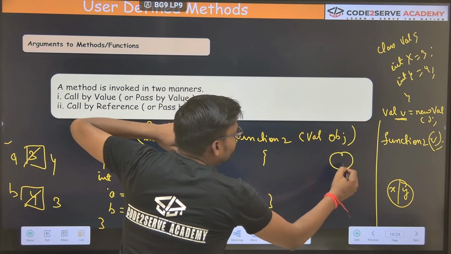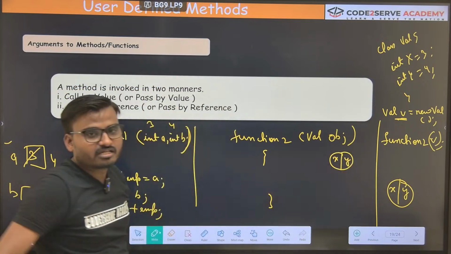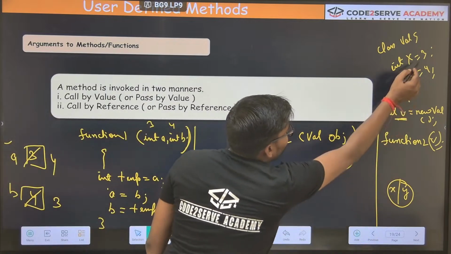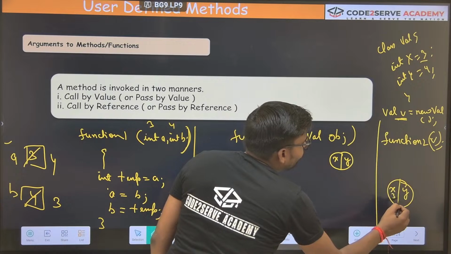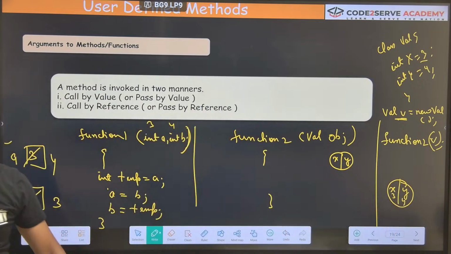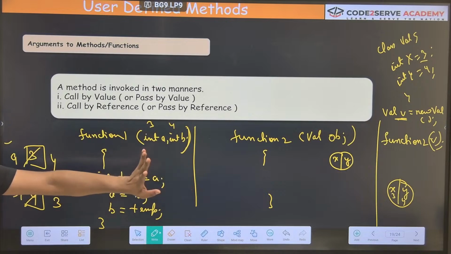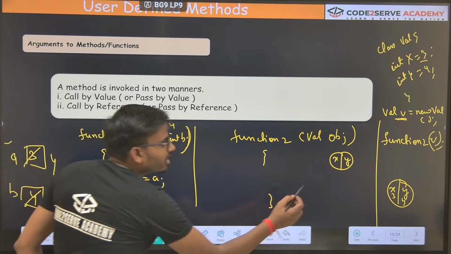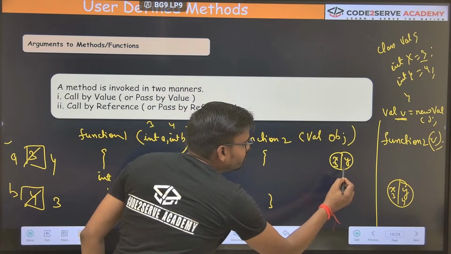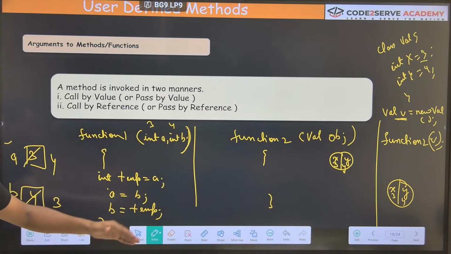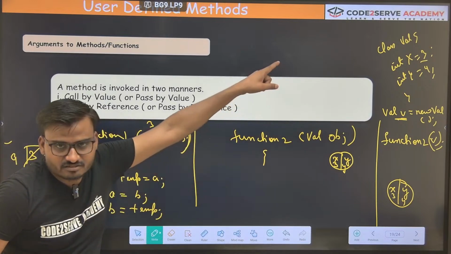So here also we are getting the original packet. In the original packet, the value of x was 3 and the value of y was 4. Now here also, in the same packet, the value of x is 3 and the value of y is 4. Now you see how we can access x.